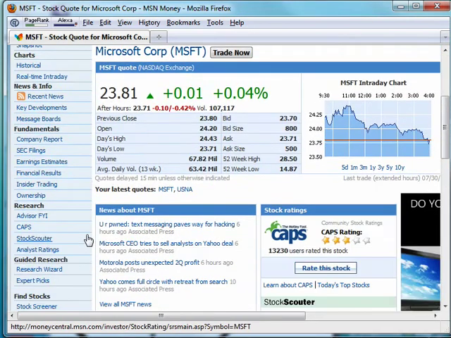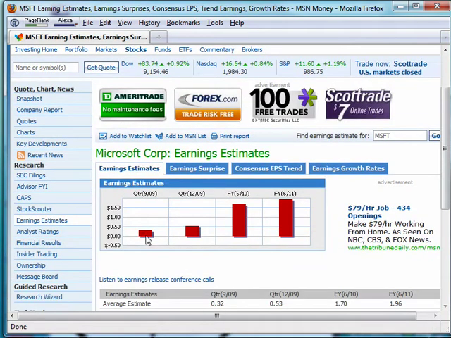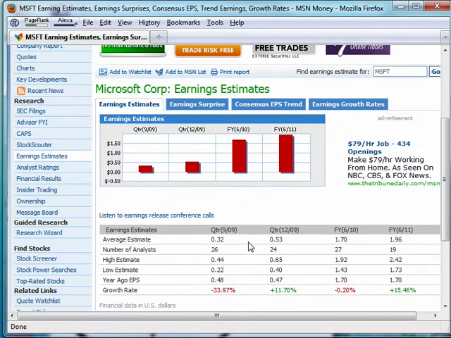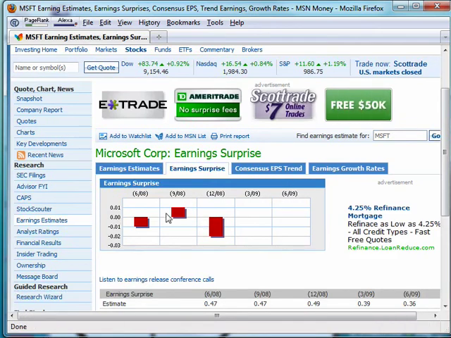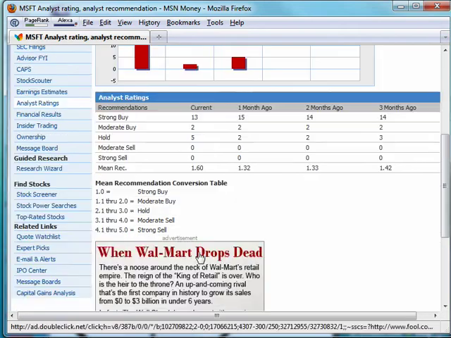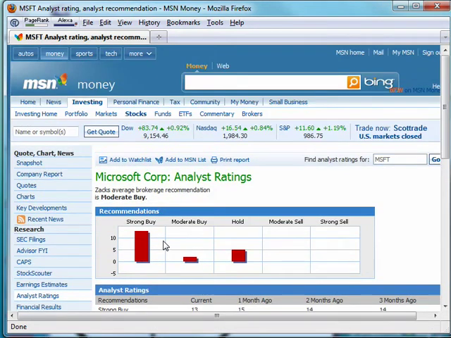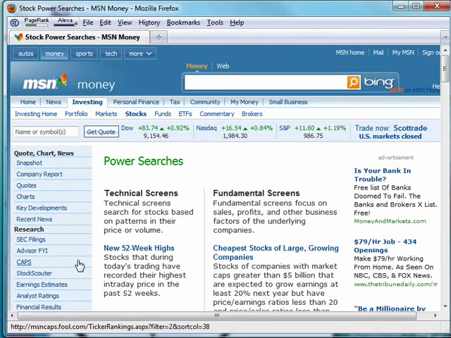If you click on earnings estimates, it'll tell you what the earnings estimates are, whether they're growing or shrinking, if there are any surprises, positive or negative, consensus trends, all that kind of thing. Analyst ratings will tell you what all the analyst ratings are against the stock. Microsoft right now looks like a pretty good moderate buy based on what you're seeing here. So there's a lot of information that you get from using the MSN screening engine.